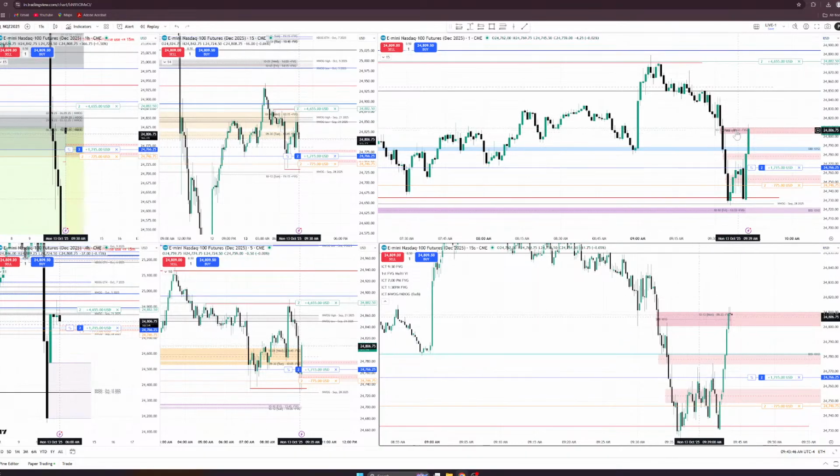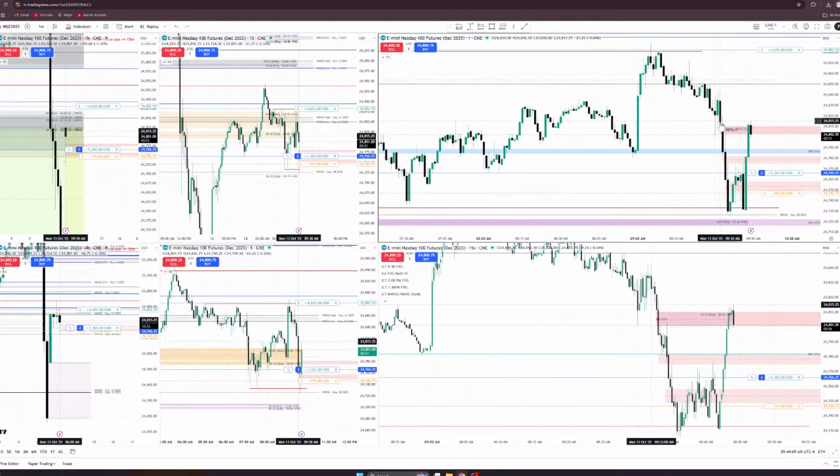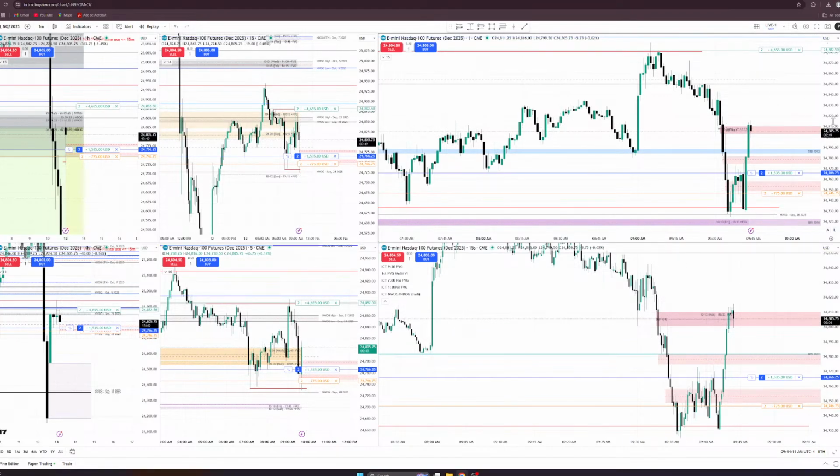So this is the first presented fair value gap. So we had a closure with the body above this first presented fair value gap.